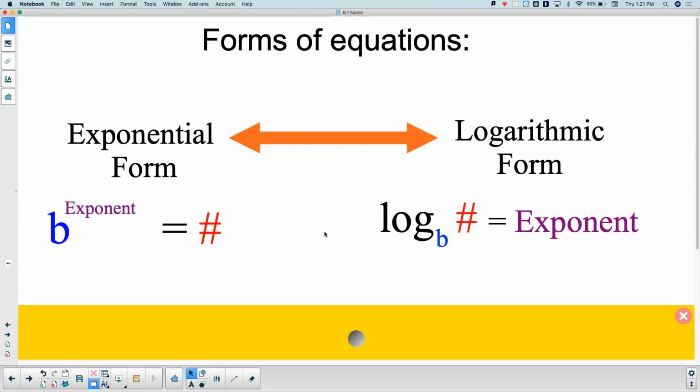Log base b of a number is equal to an exponent. You will hear me say numerous times throughout this unit that logs are exponent finders. So that's why it equals the exponent.